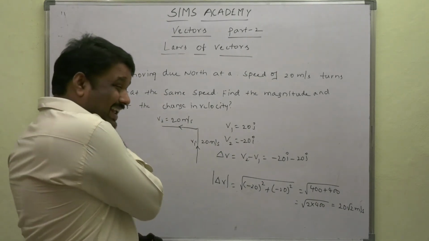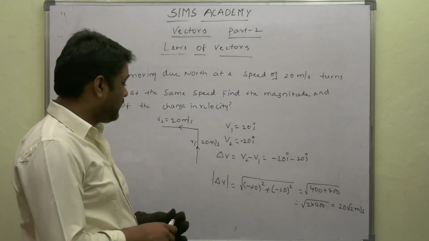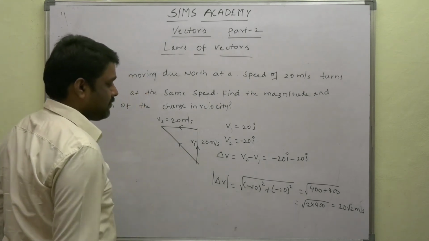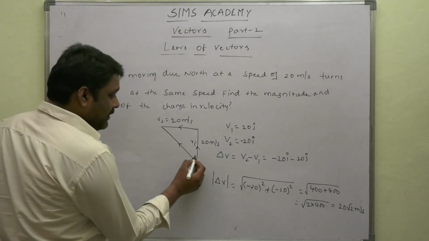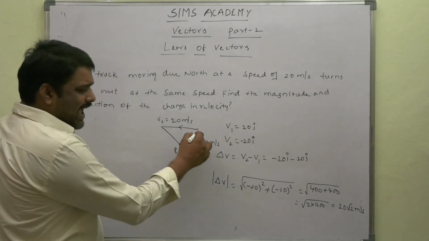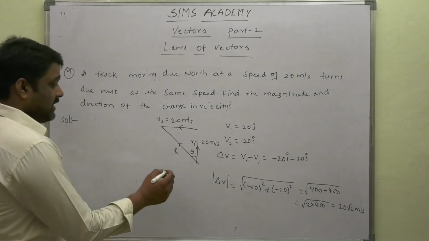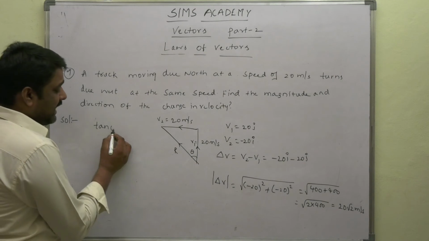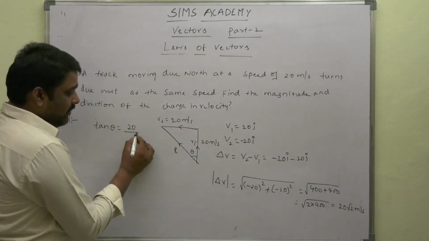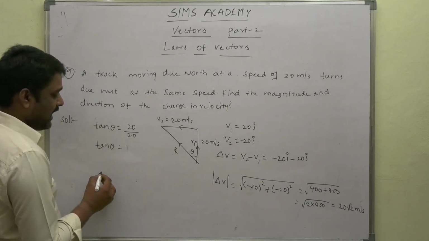Now, what is the direction of that? How can we find the direction? Yes, let us say this resultant has made an angle theta with the y-axis. Then I can write tan theta equals opposite side by adjacent, 20 by 20. That is tan theta equals 1.